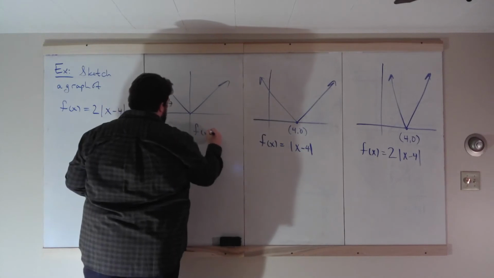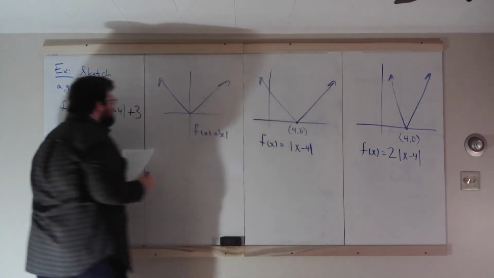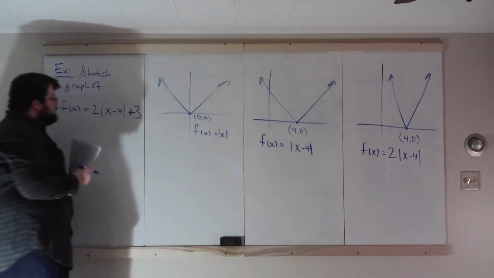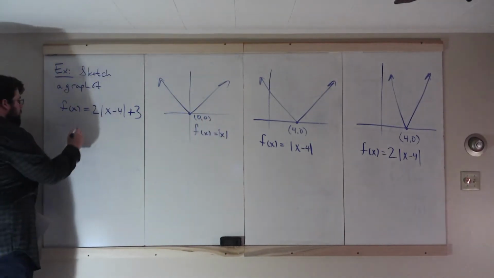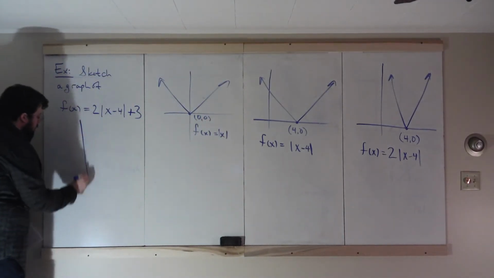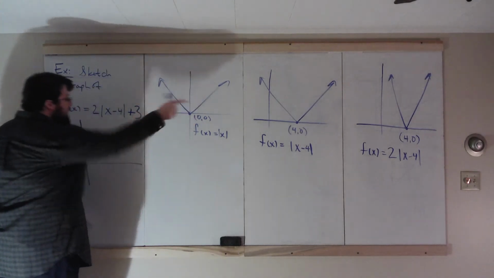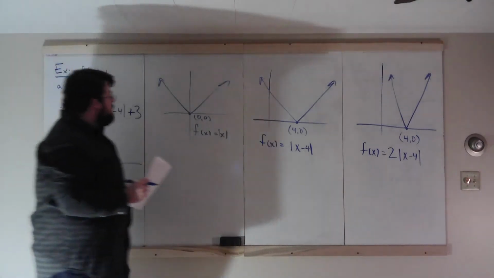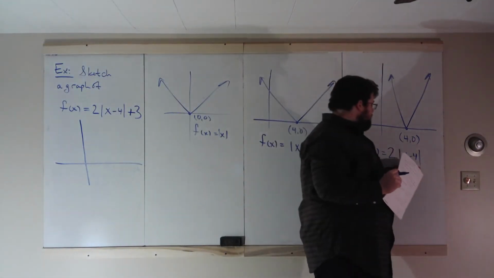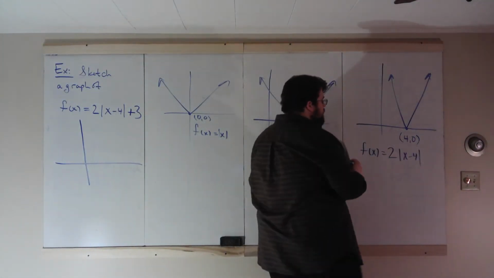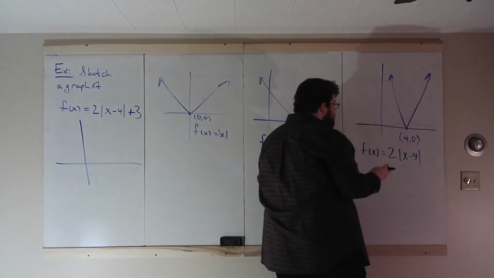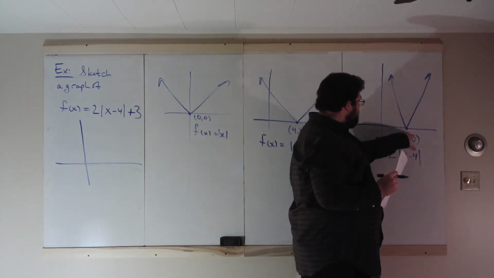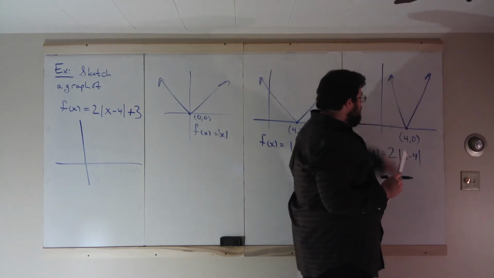This is the original. 0, 0. I should label that since I labeled it before. So I'm going to draw this one here. Well, what happens if we take that graph and add a 3 to it? Well, this plus 3, what happens to each point? Well, instead of being at 4, 0, that's going to be at 4, 0 plus 3.